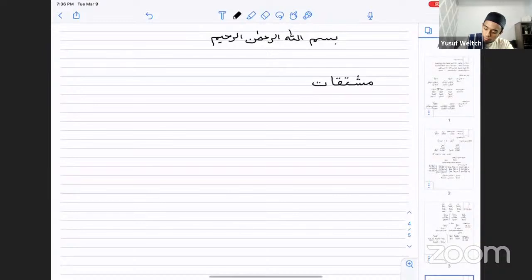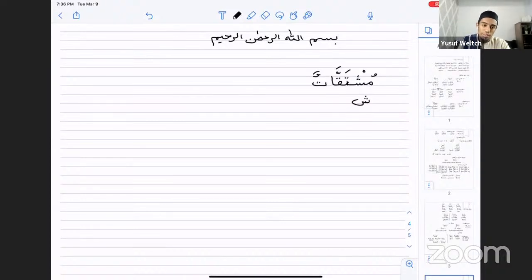Now, for those watching, who can tell me what the root letters of mushtaqat are? Mushtaqatun. You can unmute yourself. Sheen, ta and qaf.